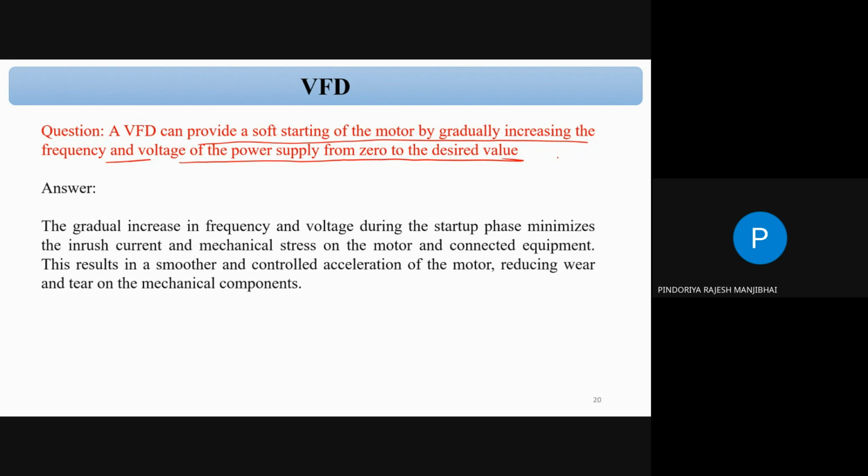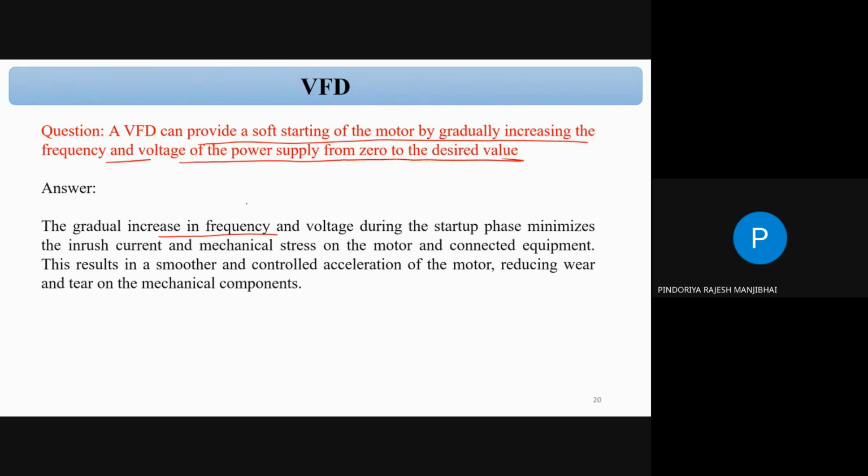You asked me this question, about any mathematical derivation, but I did not find any mathematical derivation from any resources. But everywhere I got this statement for this question: gradually increase the frequency.